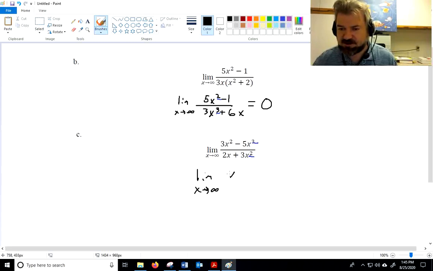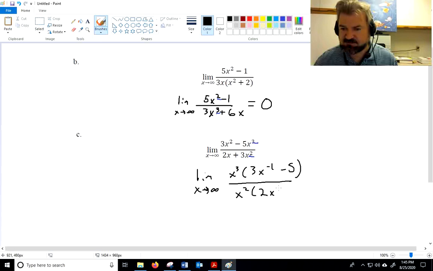So I'm going to factor out an x cubed, and I get x cubed times (3x to the negative 1 minus 5 over x squared) over (2x to the negative 1 plus 3). All right, so that's going to reduce down to just an x on top, and we'll plug in infinity. I get infinity times (0 minus 5) over (0 plus 3).